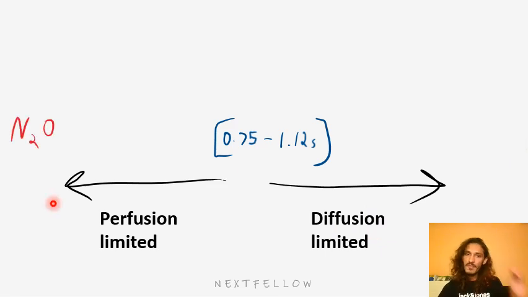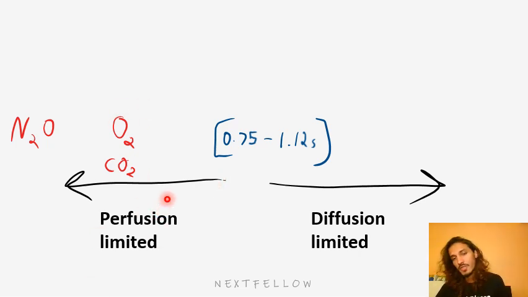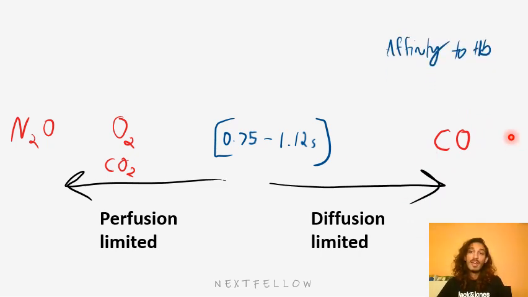An example for perfusion limited is N2O. Oxygen and carbon dioxide are actually somewhere between perfusion limited and diffusion limited, but more towards perfusion limited. So if you had to choose an option, you can say that these are perfusion limited. The ideal example for this would be N2O. And as we mentioned earlier, for diffusion limited, the ideal answer is carbon monoxide, because of its affinity to hemoglobin.